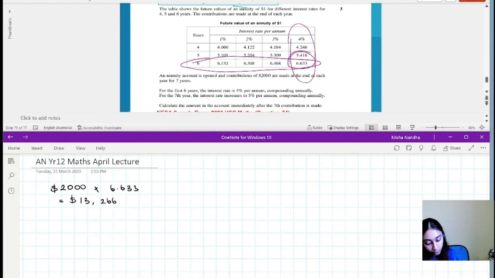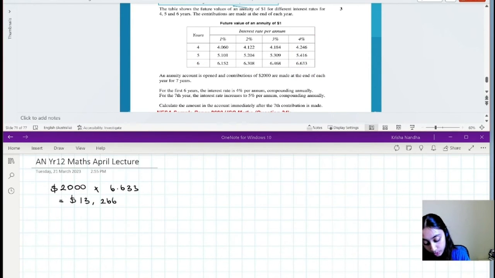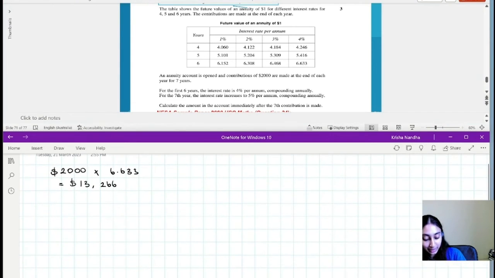But then they add a little twist to it. On the seventh year, the interest rises to 5% per annum compounded annually. Now, there's one problem with this. There actually isn't a 5% column. So I'm going to teach you what we could do. It's just using the compound interest formula, A is equal to P times (1 plus R) to the power of N. So this is the amount till year 6.